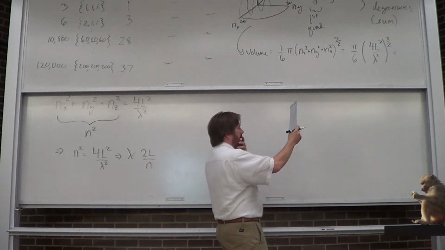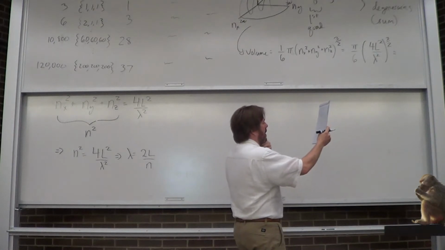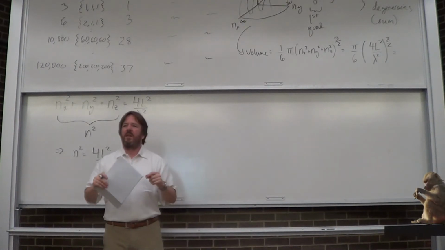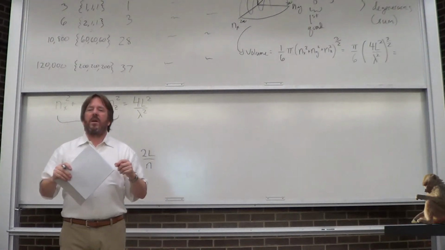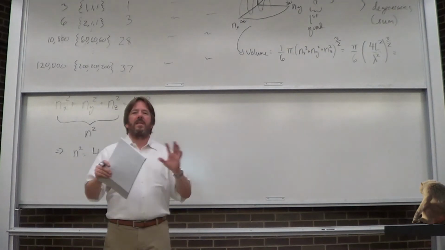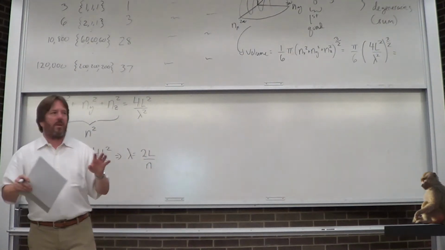What if I do? I've got 1/6, right? So what is 2 to the 3 halves? Anyone got a calculator? No, 4 to the 3 halves. I want to take that 4. 4 to the 3 halves is 8, right?